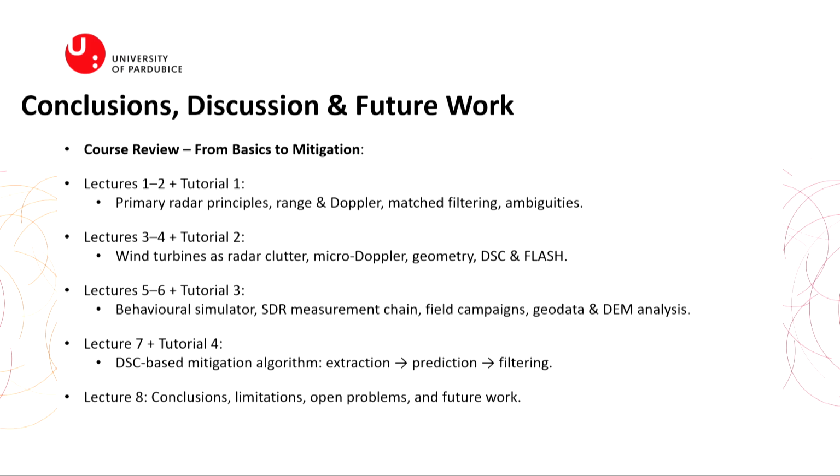What is range, Doppler, filtering, ambiguities. Then we described wind turbines, radar clutter, microdoppler. It was an important part because we need to analyze: if we want to suppress something, you need to understand what you want to suppress. Then we defined the mathematical description of the behavior simulator, and of course we need to make validation of the simulator.